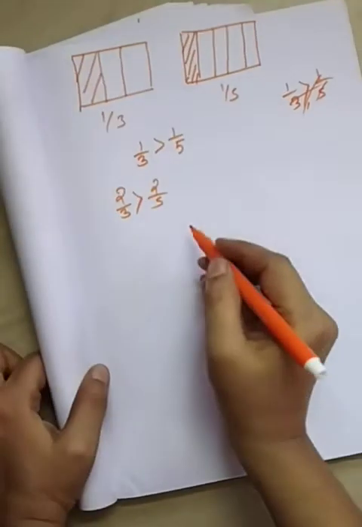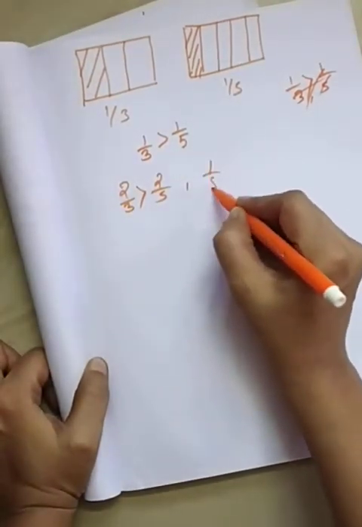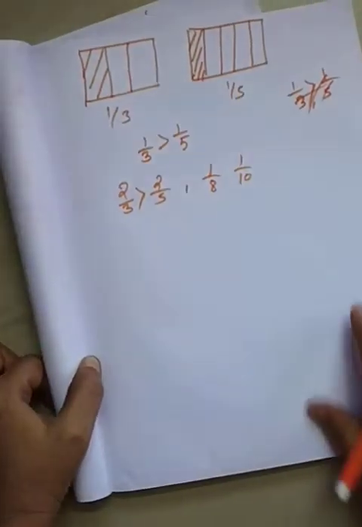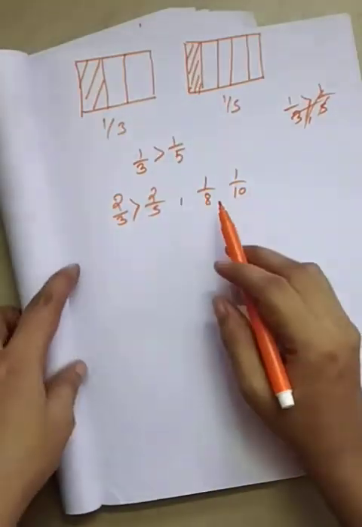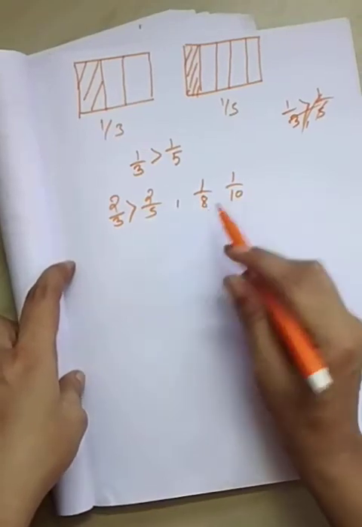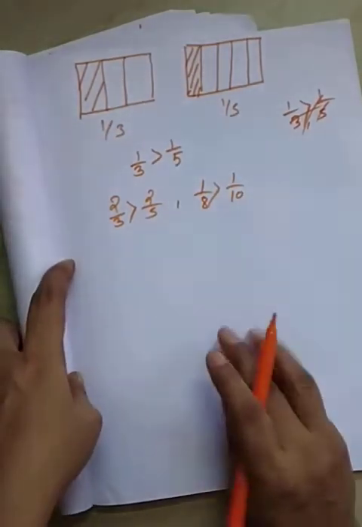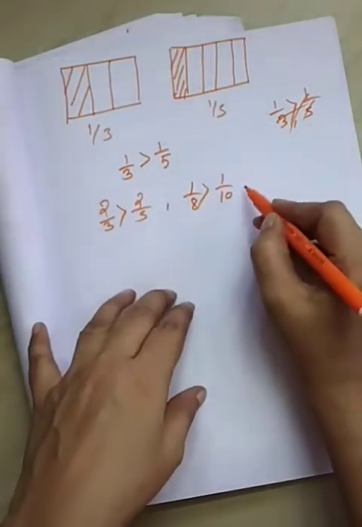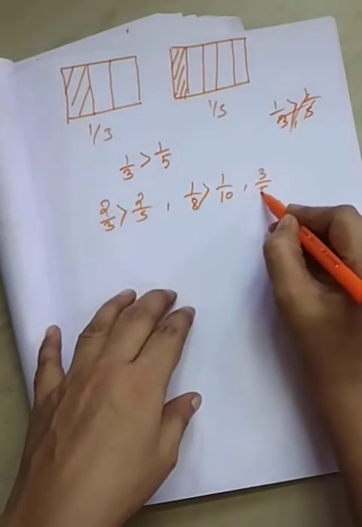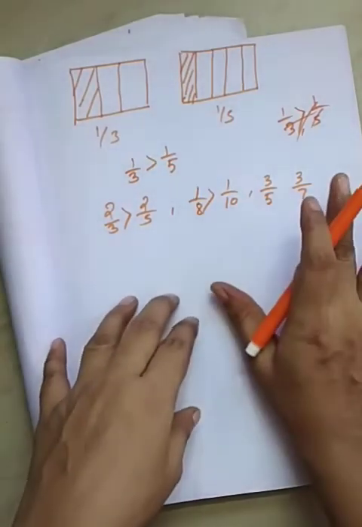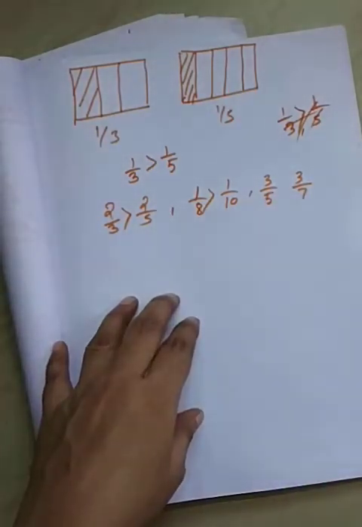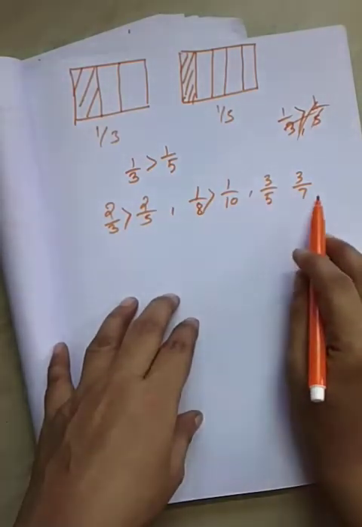See some examples. 1 by 8, 1 by 10. Unlike fractions, the numerator is common. See the denominator, which one is smaller? 8. So on that side you can put the greater symbol. Now everybody clear? One more example: 3 by 5, 3 by 7. Unlike fractions, the numerator is also the same. See the denominator, which one is smaller? 5.